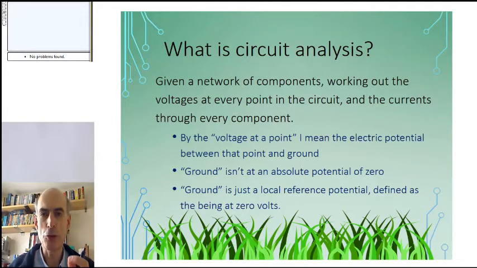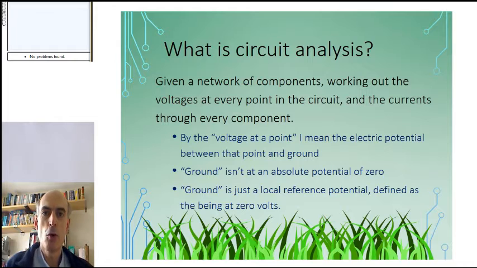However, as we've also seen, the only place where you can be sure that the electric potential is zero is an infinite distance away from all charges. You can be absolutely confident that any circuit that we're going to build in the labs is not an infinite distance away from all charges. And therefore, we cannot use that as our zero of voltage.